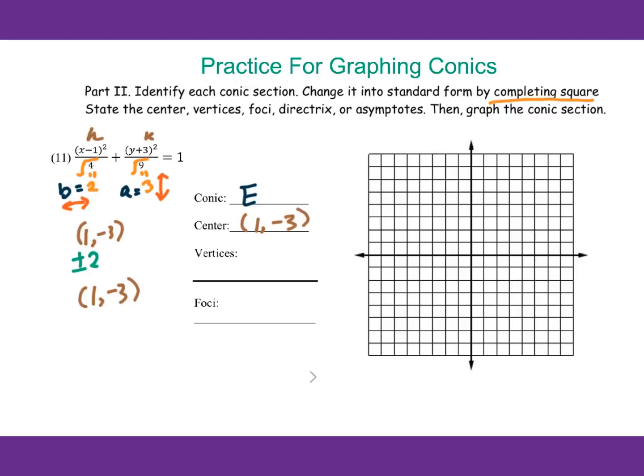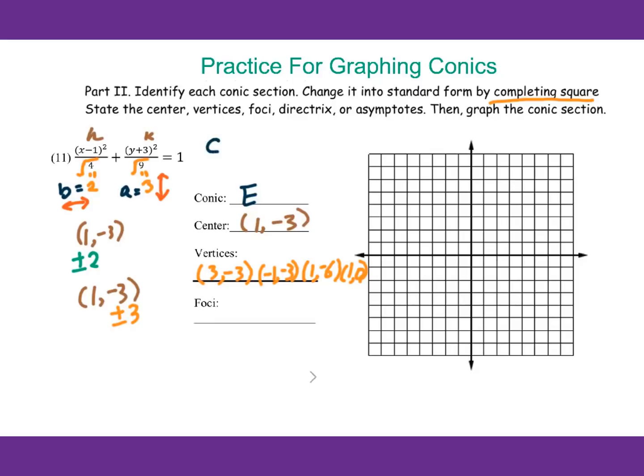I need to add or subtract 3. For an ellipse, we have 4 vertices. Therefore, we got 3, negative 3, negative 1, negative 3. Then we get 1, negative 6, 1, 0.